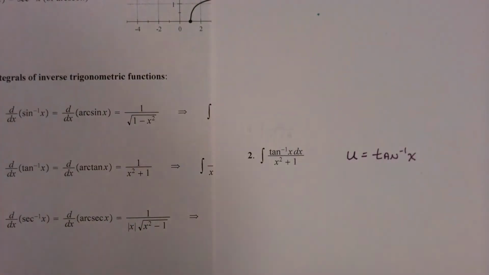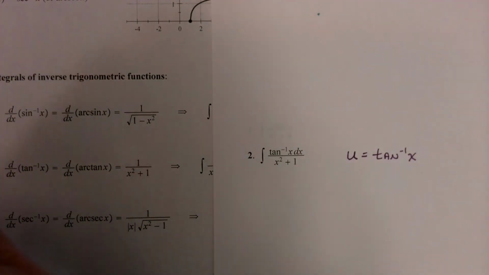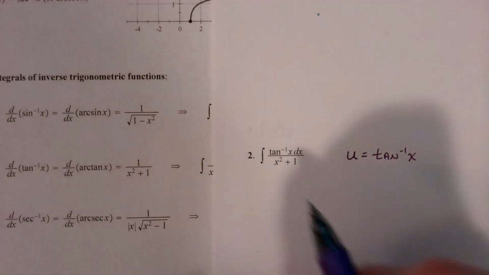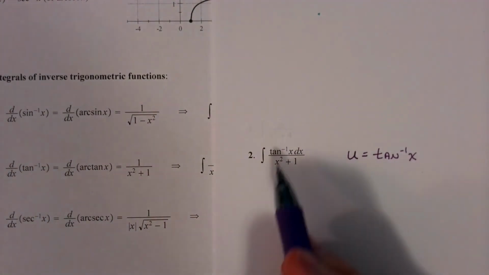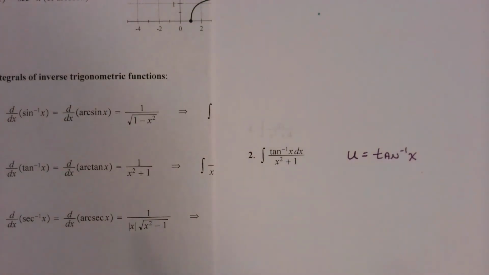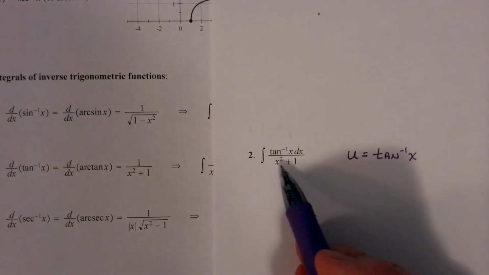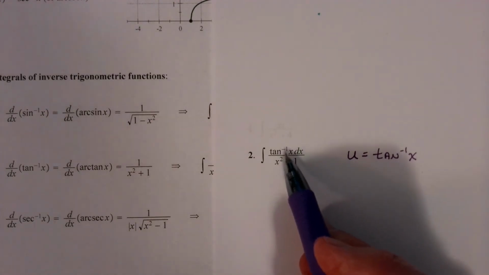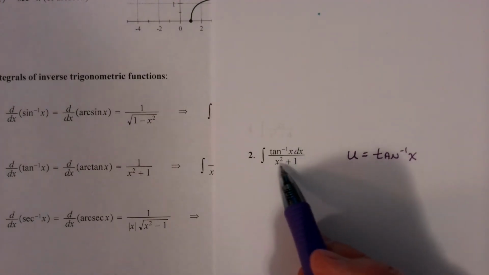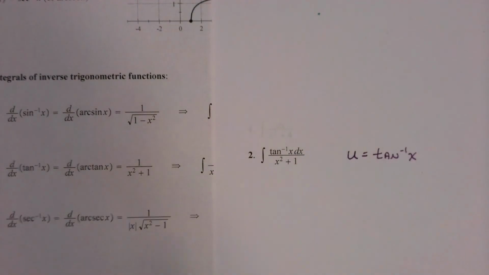Now, when we do our substitution, we typically choose the inner function of a composition. But tangent inverse is not inside anything; it's being divided by x squared plus 1. If anything, we would usually choose u to be x squared plus 1 in the denominator, so that we get 1 over u, hopefully. But the derivative of x squared plus 1 is 2x, not tangent inverse of x. That's not going to work.